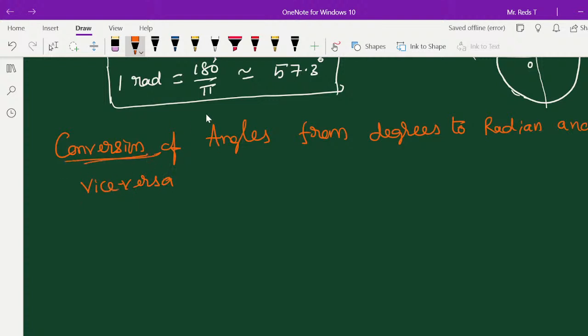Take this as a subheading and let us see briefly now. Conversion of angles from degrees to radian and vice versa.